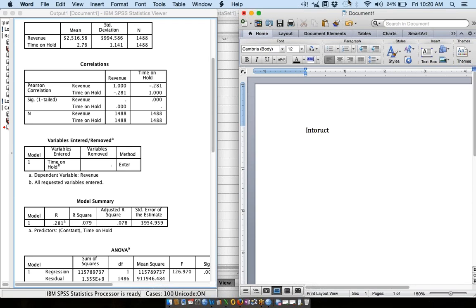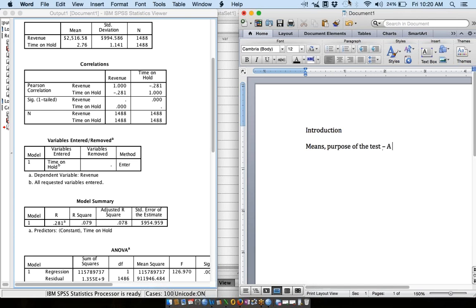Okay, and so in our introduction, we want to put the mean. I'm going to make sure we have the means, the purpose of the test.